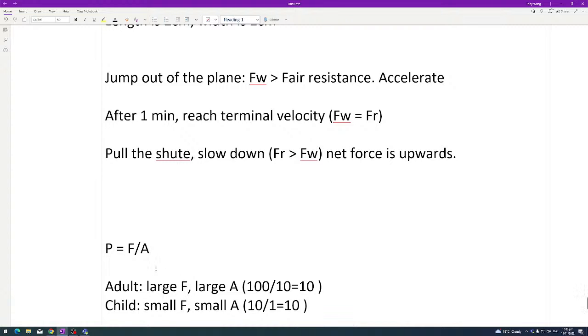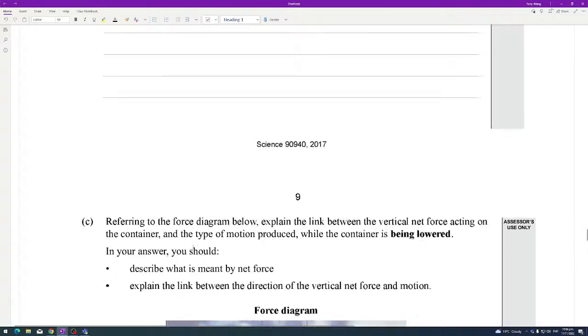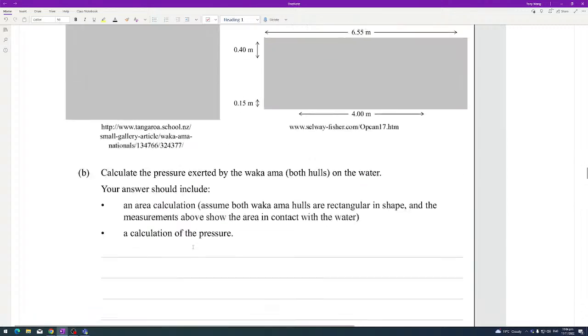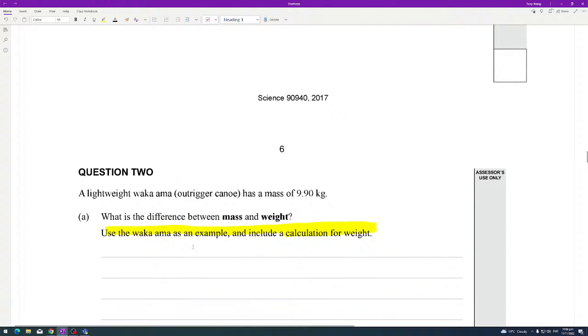So that weight force is distributed over a larger area. Therefore, it has the same amount of pressure compared to a smaller person distributing their weight over a smaller area. Okay, your calculator will do the job. To do well in mechanics, you just need to make sure you put the correct numbers into the questions.